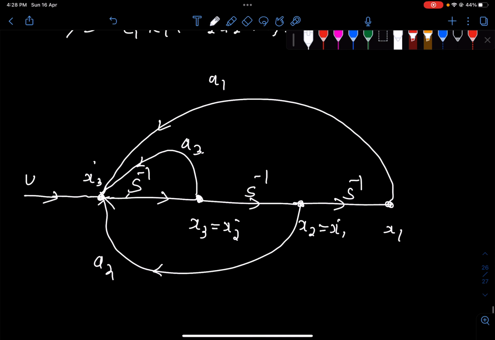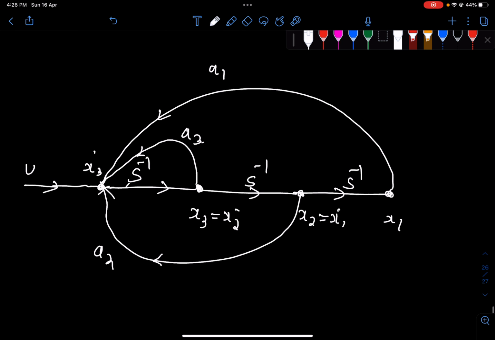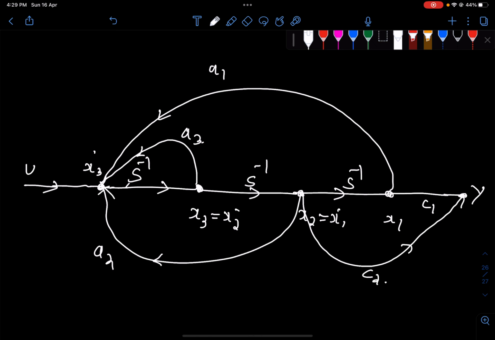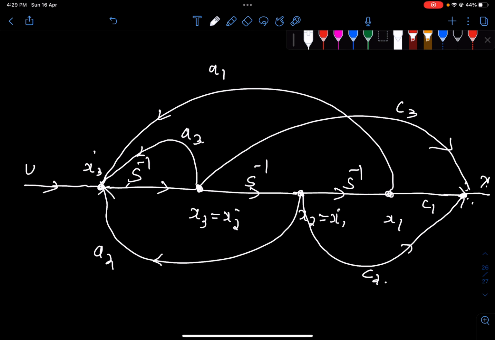This is our output. From x1 we have gain c1, from x2 we have c2, and from x3 we have c3. So this is our signal flow diagram, right?